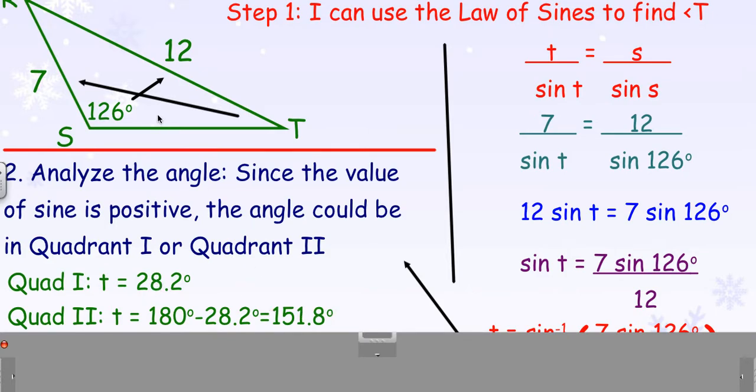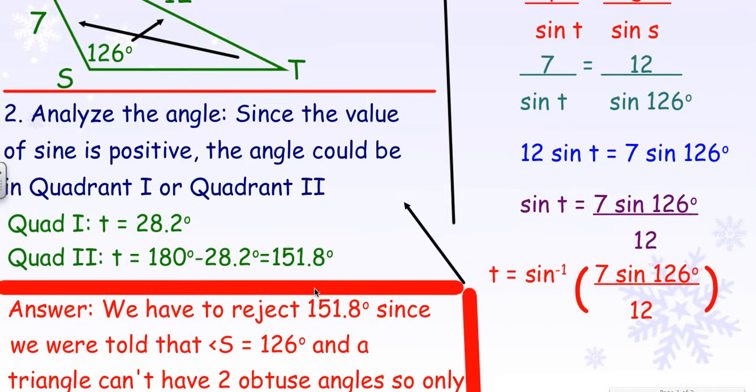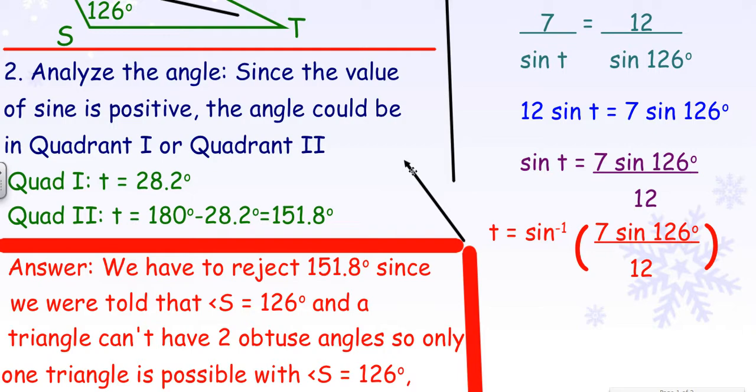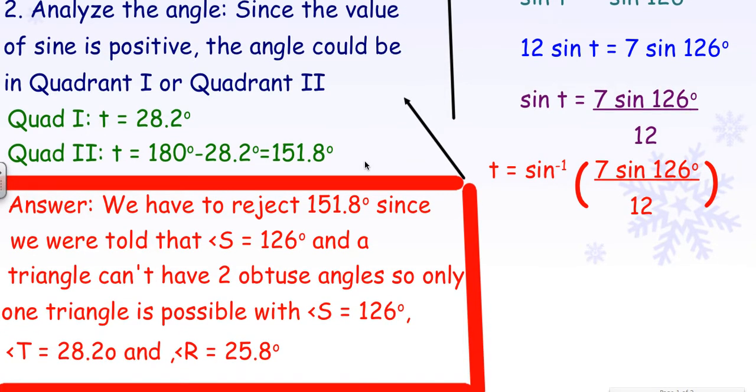I look back and I see easily enough that I can't have 151.8 for angle T, otherwise that's already bigger than 180. So I have to reject 151.8 degrees, since we were told that angle S equals 126, and I know that a triangle can't have two obtuse angles.